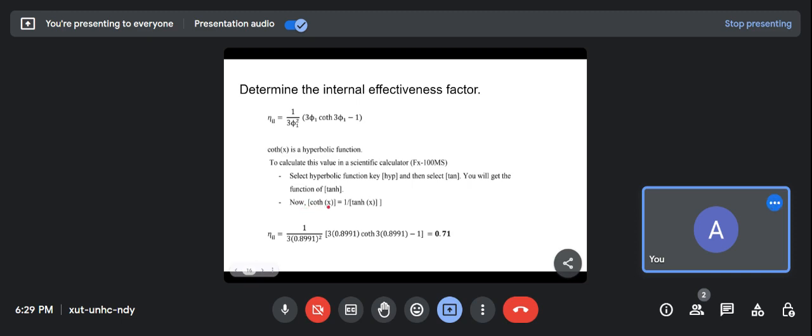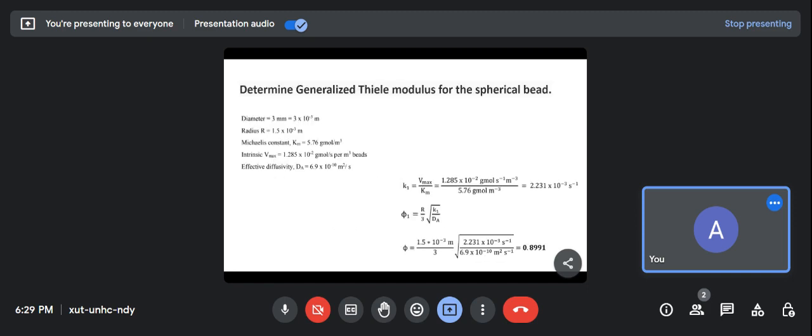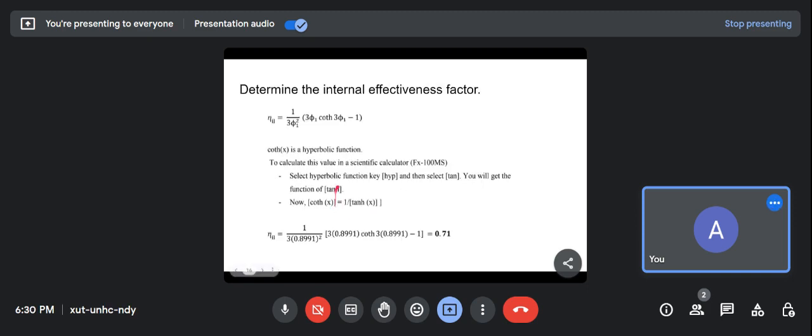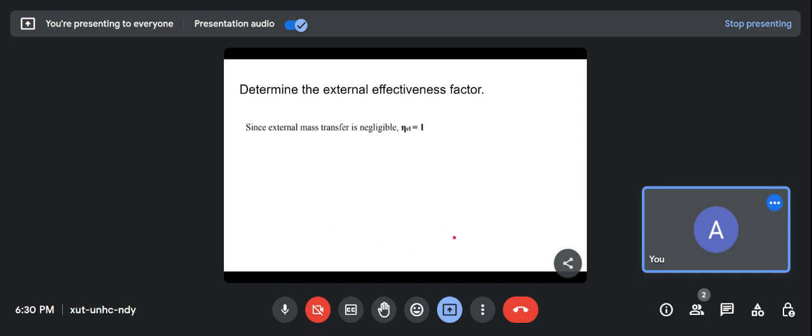So now cot h x will be equal to 1 by tan h. So you can find the tan h value of x, in this case the Thiele modulus, right? And you take the inverse of that and you will get cot h of Thiele modulus. So what you find is 0.71, which is the internal effectiveness factor.